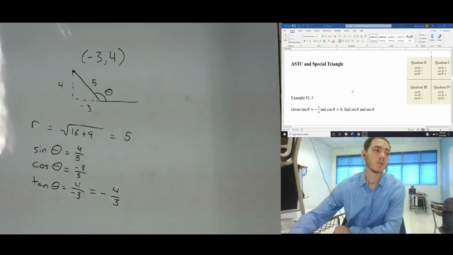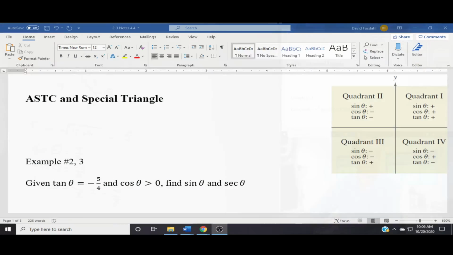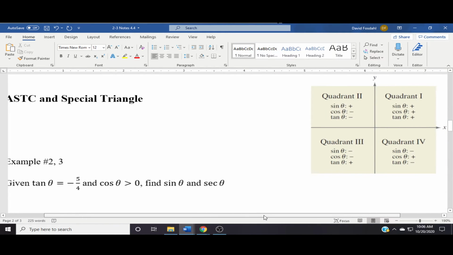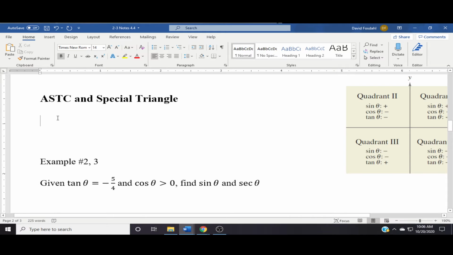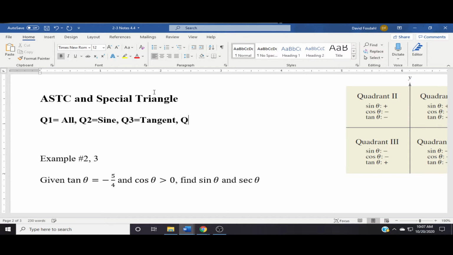ASTC. This is a crucial acronym. Let's zoom in for this so that maybe we can see it better. ASTC is going to give us what is positive. It functions this way: quadrant 1 means all, quadrant 2 equals sine, quadrant 3 equals tangent, and quadrant 4 equals cosine.